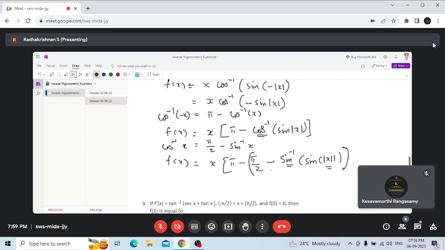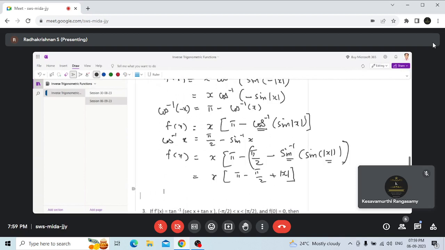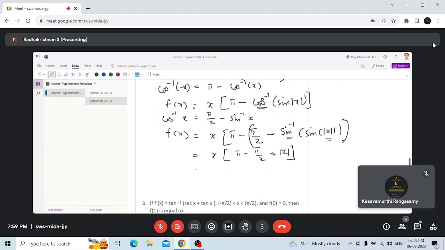So x into pi minus pi by 2 plus x bar. X mod.